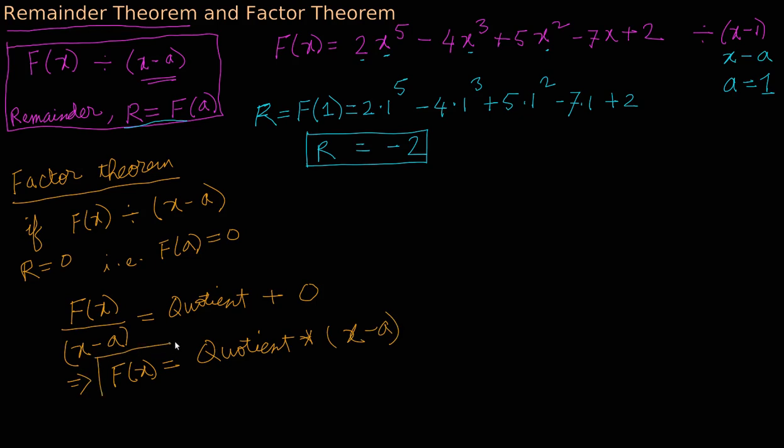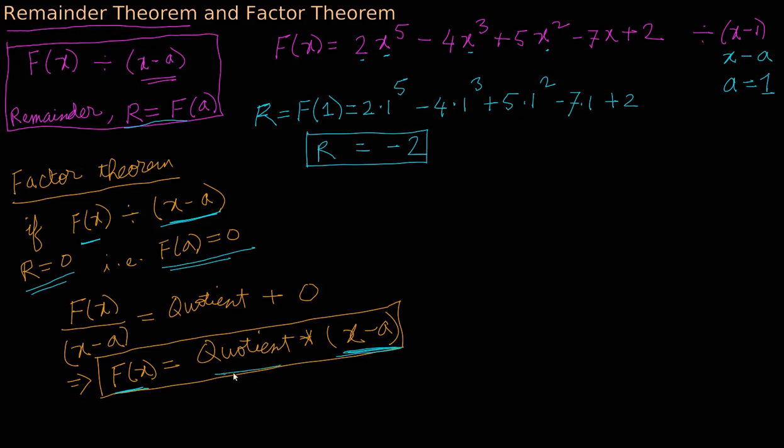So what I found is, if I divide f(x) by x minus a and I find the remainder is 0, that means f(a) equals 0, then x minus a is a factor of f(x). Another factor, the other factor, is the quotient. So that is called the factor theorem.